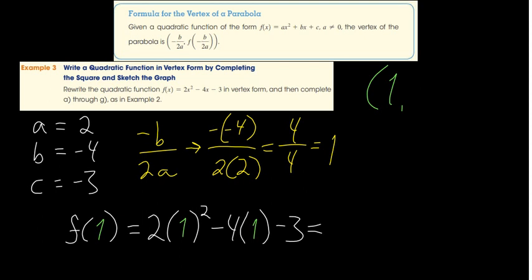Well, what is 1 squared? 1 squared is 1. 2 times 1 is 2. So we have a 2 here. And then minus 4 times 1, that's just 4, so minus 4. And then we have minus 3. So 2 minus 4 minus 3 is equal to negative 5. So that negative 5 goes up here.